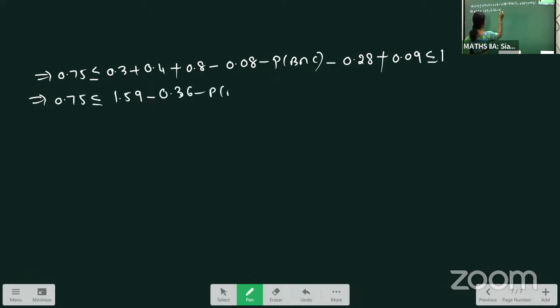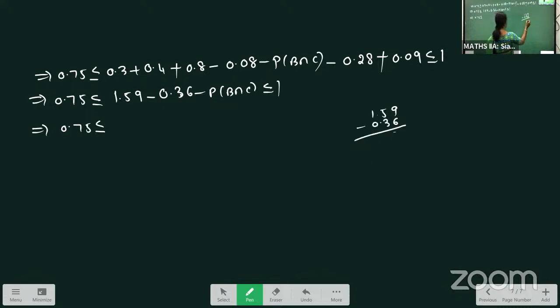Minus P of B intersection C as it is, which is less than or equal to 1. Now, 0.75 less than or equal to 1.59 minus 0.36. If you want, you can try 1.59 minus 0.36 in rough column. It is 1.23. So 1.23 minus P of B intersection C less than or equal to 1.